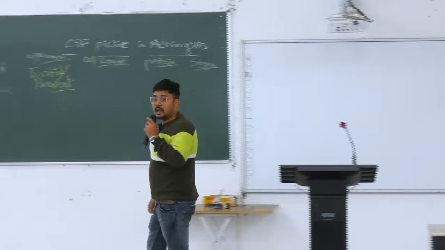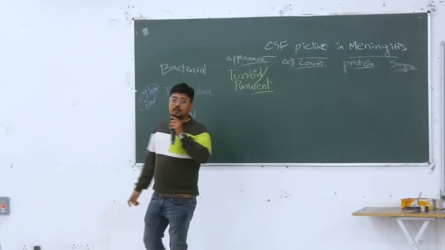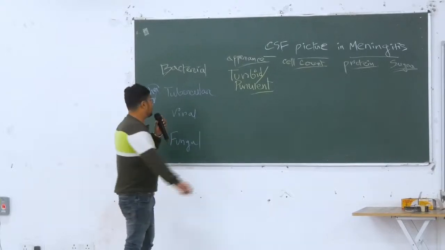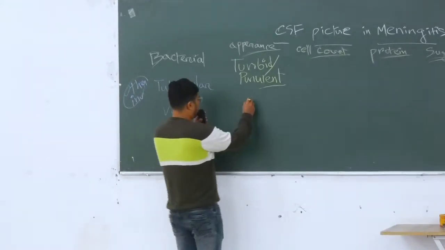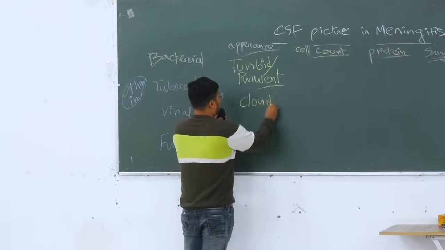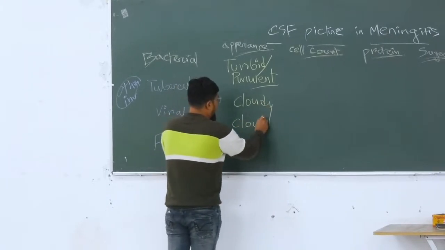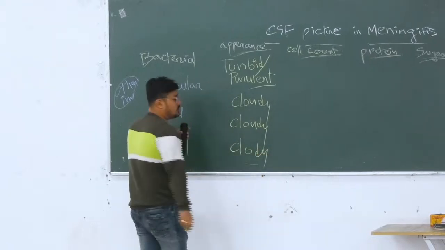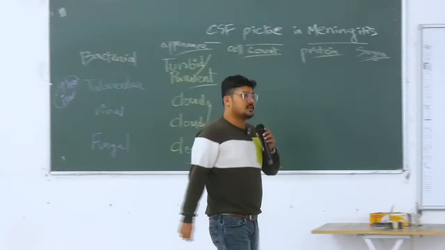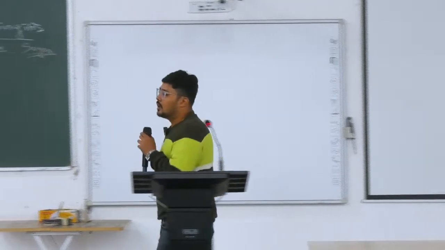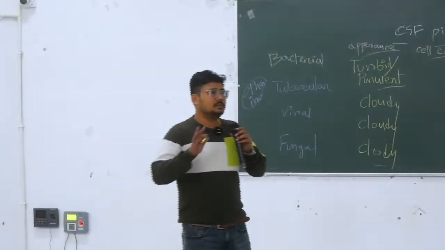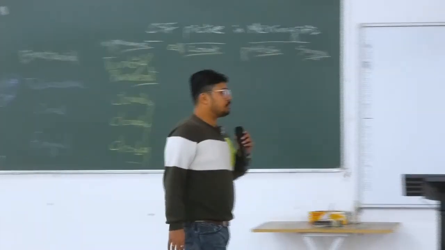And in the other types of meningitis like tubercular meningitis, viral meningitis and fungal meningitis, the appearance will be cloudy. So, in any kind of meningitis, the crystal clear appearance of the normal cerebrospinal fluid is lost, and in bacterial it will be turbid, and in other kinds of meningitis it will be cloudy.